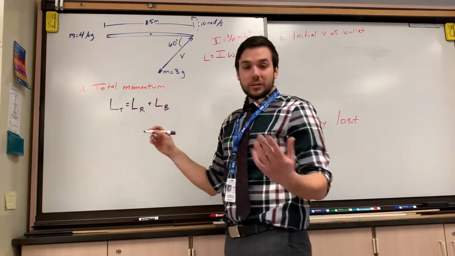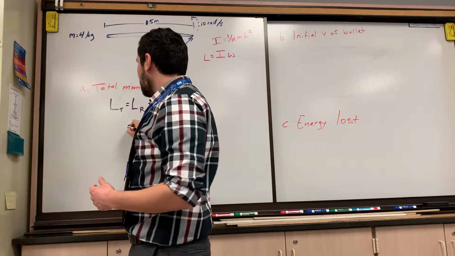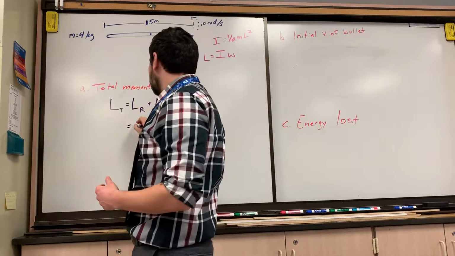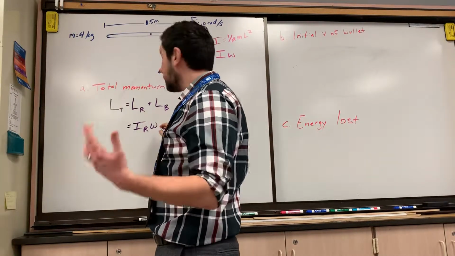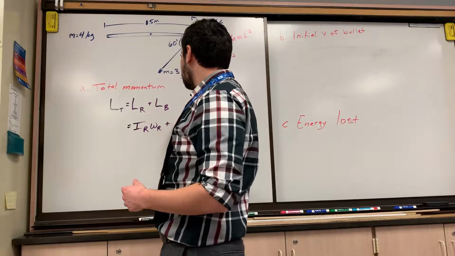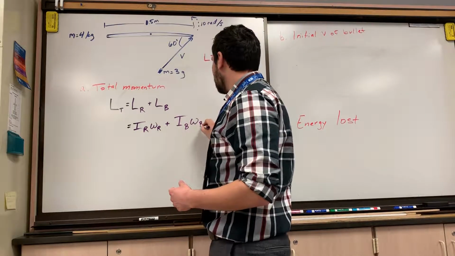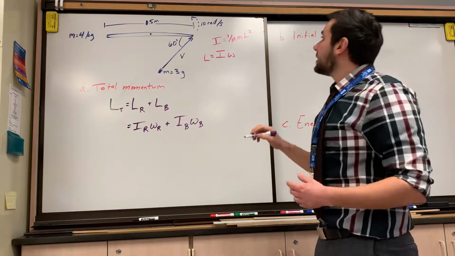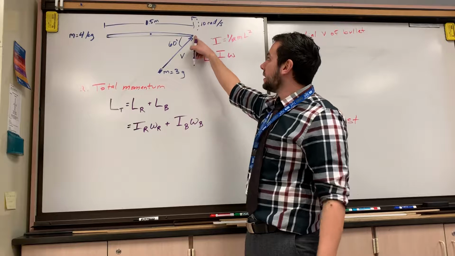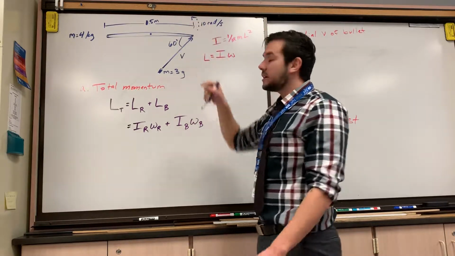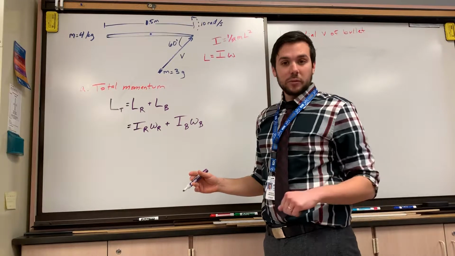And so here's what we're going to look at now. We know that the total momentum is the inertia of the rod times the velocity of the rod plus the inertia of the bullet times the velocity of the bullet. And luckily, we have the angular velocities of the rod and bullet. Both of them are moving at 10 radians per second, so we already know the velocity for both of them.